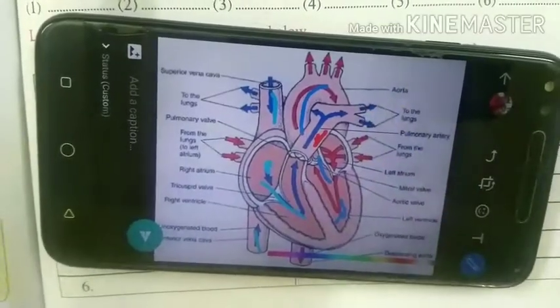Now, we discussed path of blood circulation through human heart. Now, one thing is that what is heartbeat?